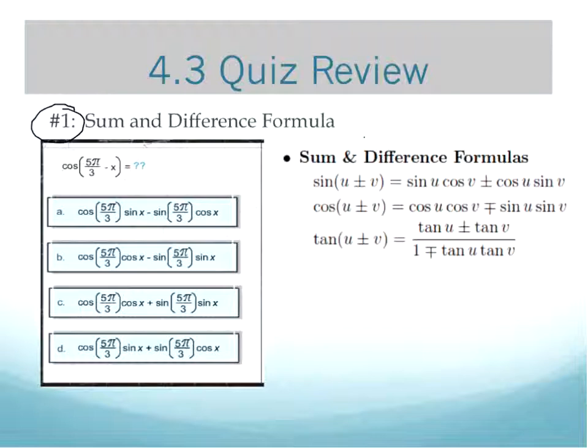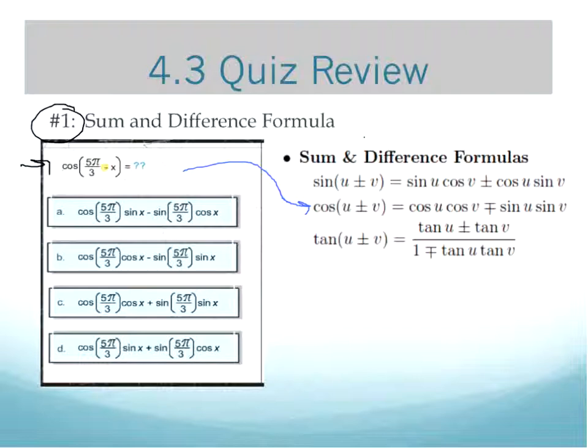All right, so number 1, it's going to ask us to solve this equation right here. And again, these are not exactly your quiz questions. I might have changed the numbers here or there, but all of the steps would be exactly the same. So when I see that it's the cosine, cosine means I'm going to be using this formula right over here, and it's a subtraction.